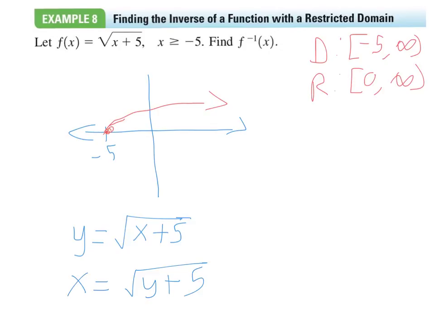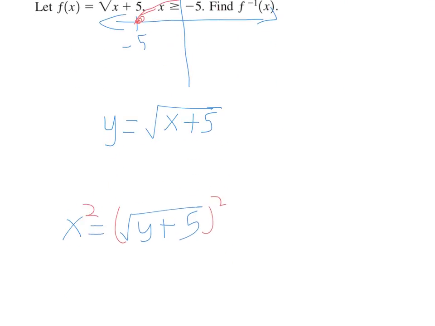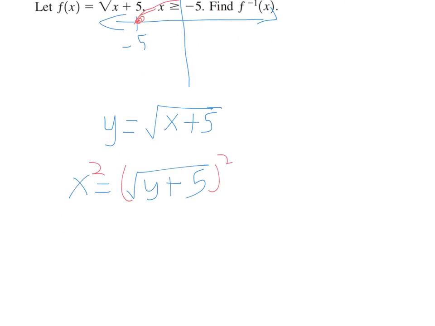Now, since we have the y underneath the square root, we need to square both sides. So if we square both sides, we have x squared is equal to y plus 5.